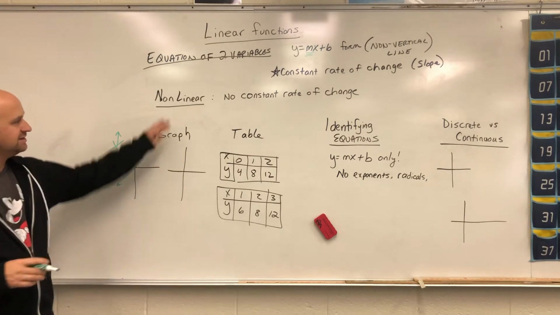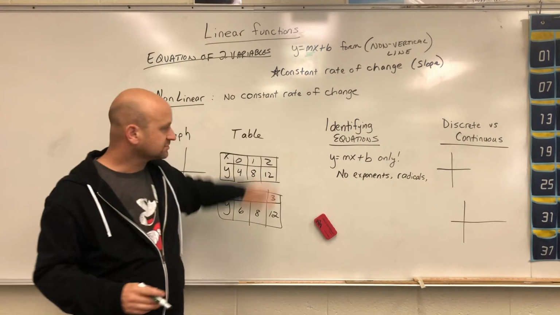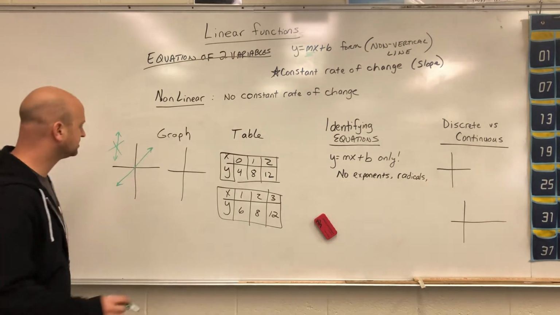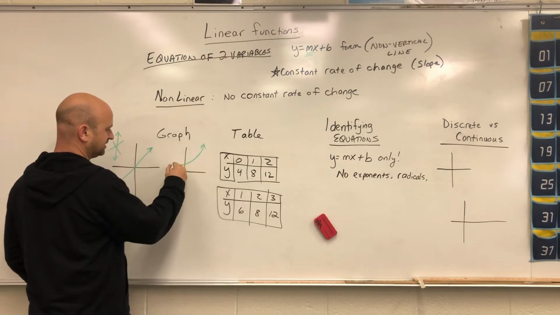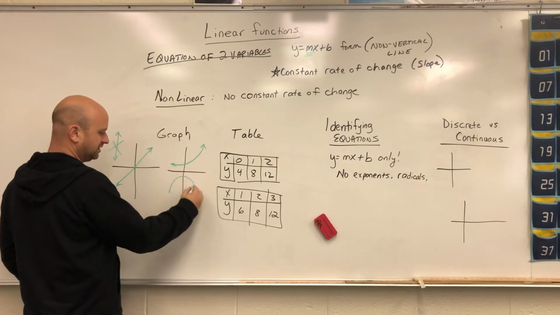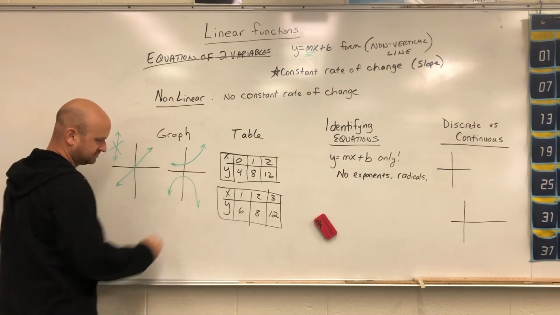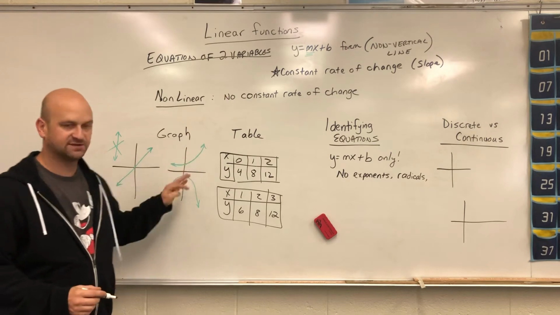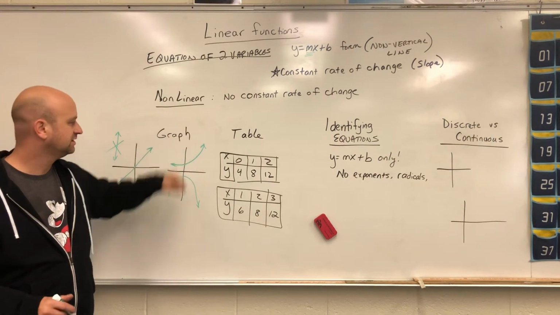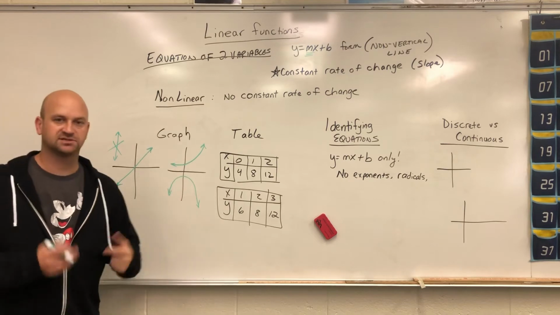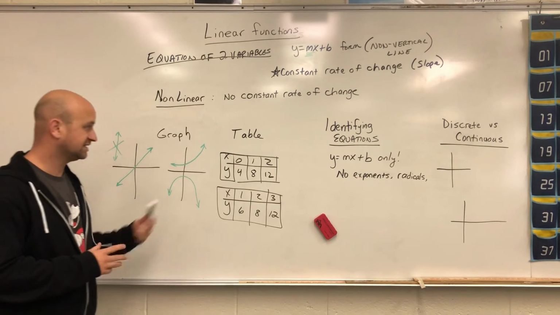Now, a nonlinear function has no constant rate of change. A function like this might look something like that, or something like this. You can see that these have curves, and because they have curves, they're not linear. The rate of change is not constant.